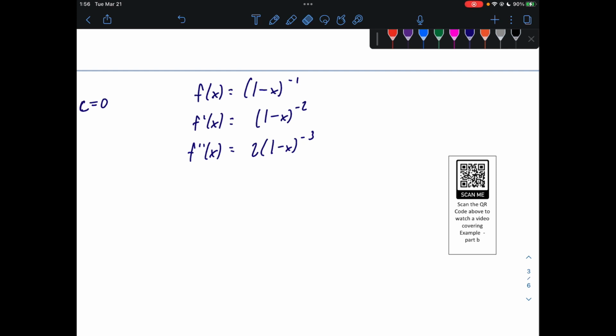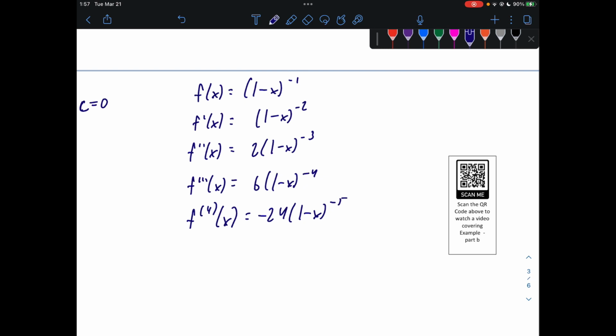So just 2 times (1 minus x) to the negative 3. Third derivative would be negative 6 times (1 minus x) to the negative 4 times negative 1, so just positive. And let's do one more so we can really see the pattern here. Negative 24 times (1 minus x) to the negative 5th times negative 1.